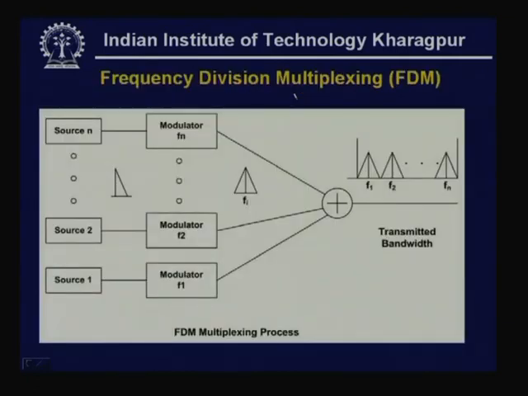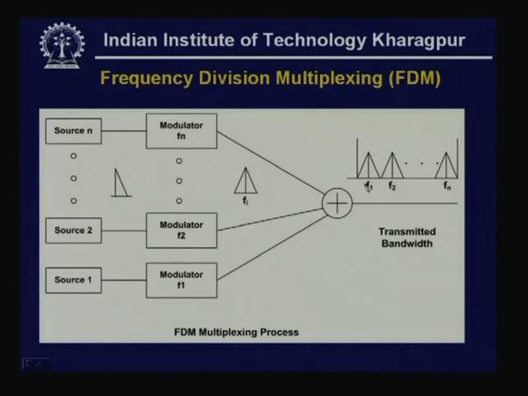Now, let us first focus on frequency division multiplexing. In frequency division multiplexing, as we have already seen, we have a number of sources, say n sources as shown here. Each of them is sending some data, and the signals coming from each of the sources are modulated using different carrier frequencies f1, f2 and fn, and as a consequence they create signals in different frequency bands, and they are combined together into the composite signal.